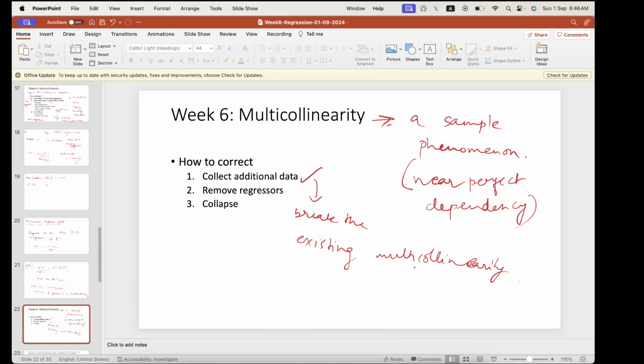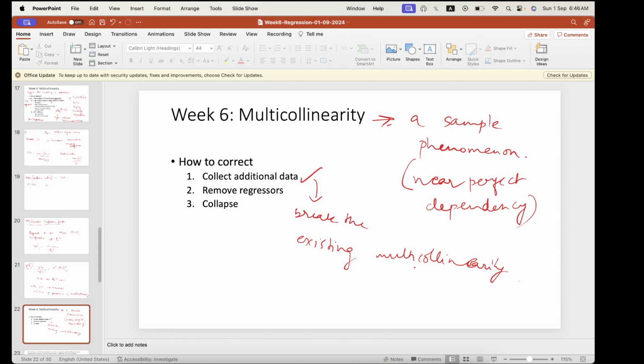If there is no underlying multicollinearity, but just by virtue of the sample it looks multicollinear, then if we get additional data points into the system, we can break that seemingly multicollinear behavior between the two regressors and then proceed with normal OLS estimation.